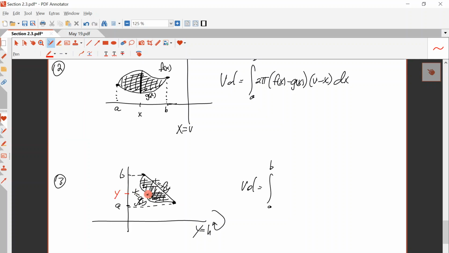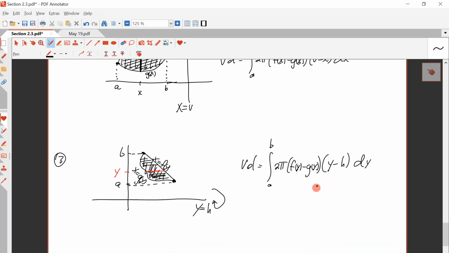So here's y, and here's the height of the shell right there. So the height is f(y) minus g(y), 2 pi times f(y) minus g(y), and then the radius of the shell is y minus h, larger value minus smaller value, dy.